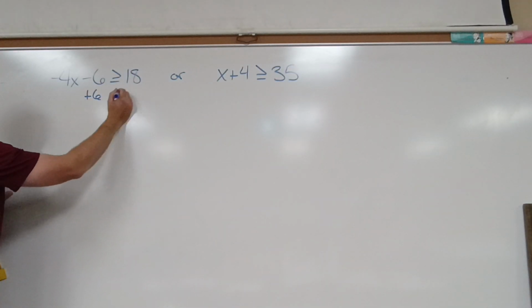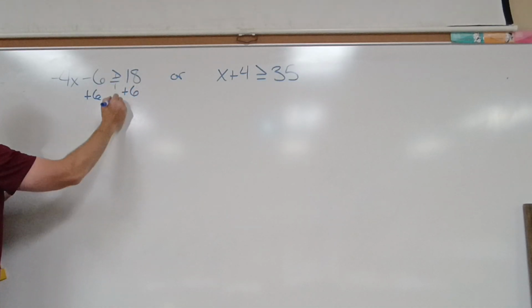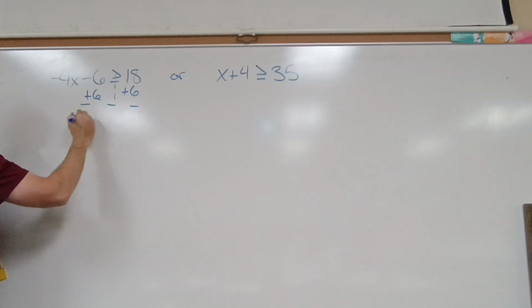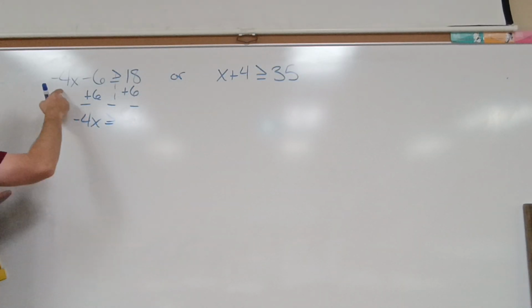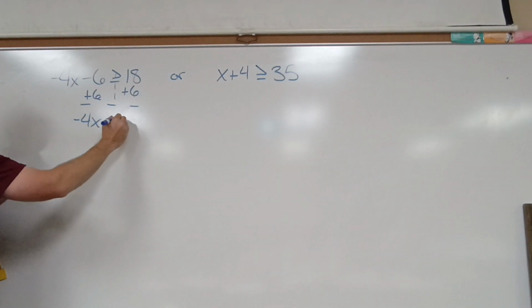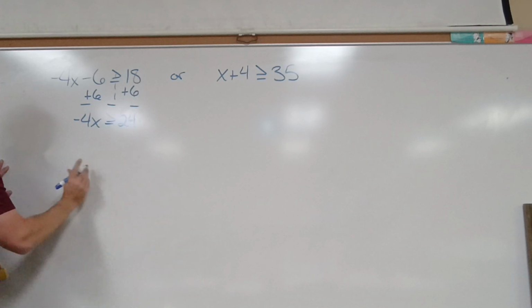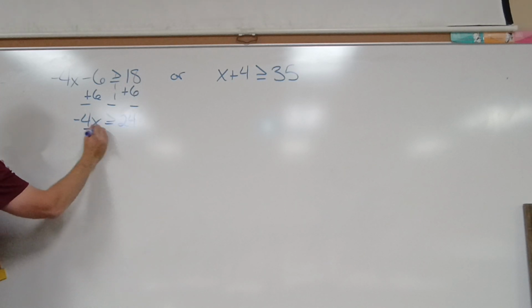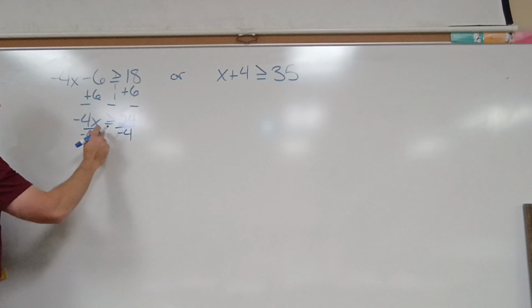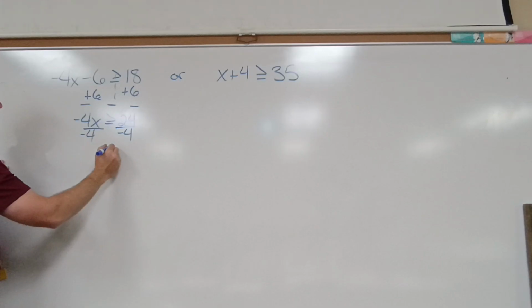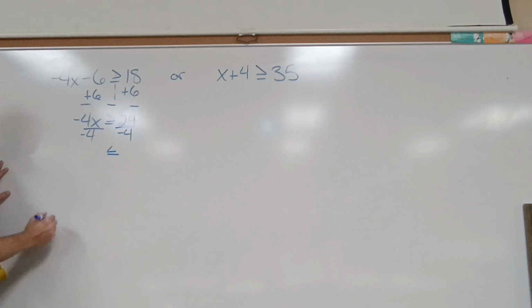So good old-fashioned add 6 to both sides. My algebra one's showing. Ooh, could I have added that 4x over if I wanted to not deal with that? Yeah, I probably should have. But it's too late now. I can't erase this. Uh-oh. Divided by a negative. Flip it.